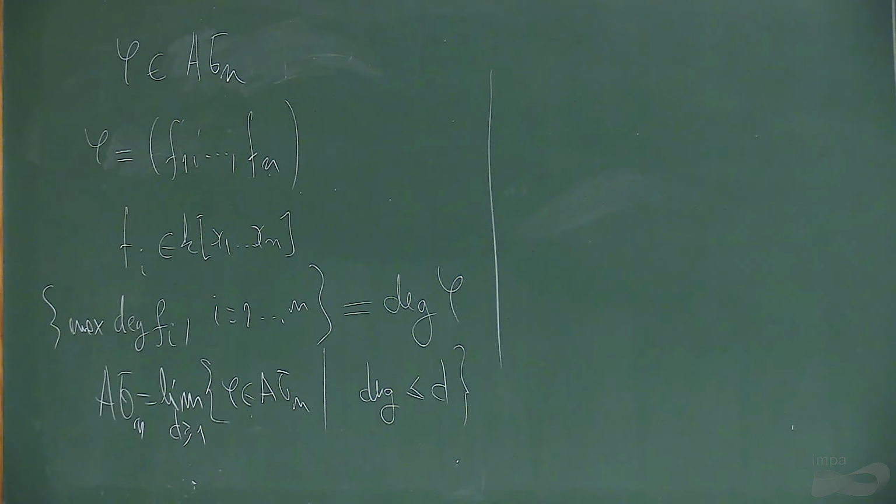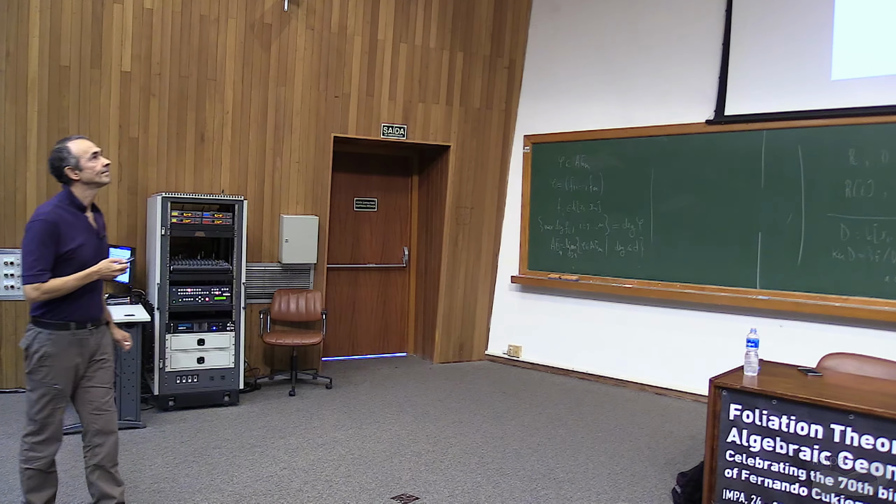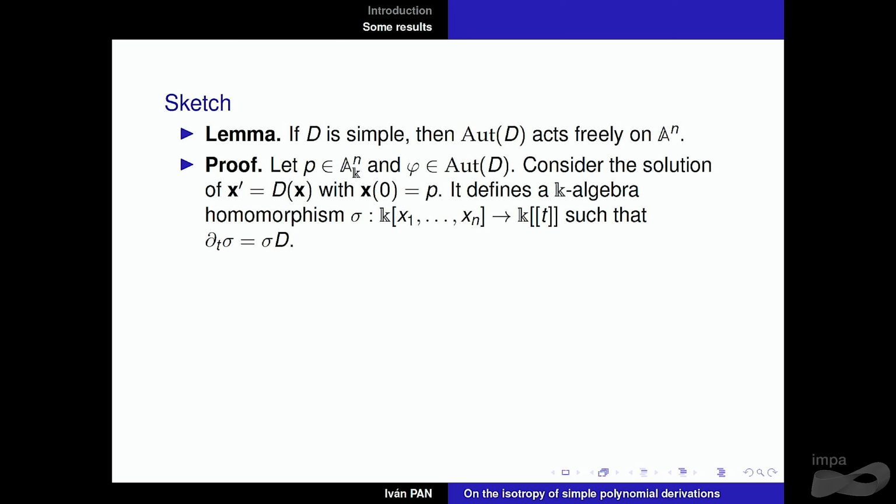Yes, with respect to t, exactly. Then we have a K-homomorphism that verifies this condition. This condition is exactly the same as the differential equation. Here is the derivative with respect to t, exactly.